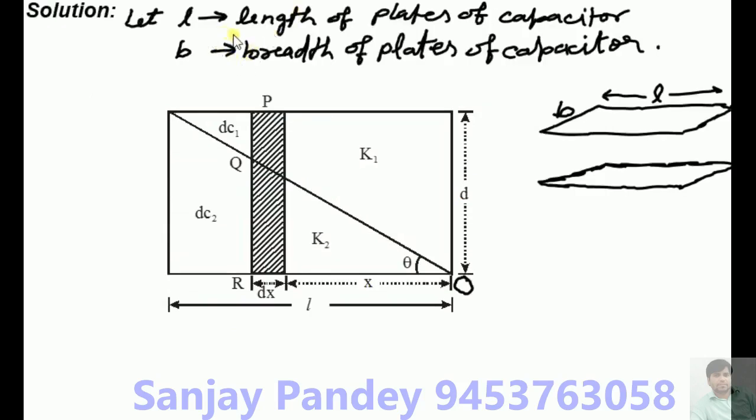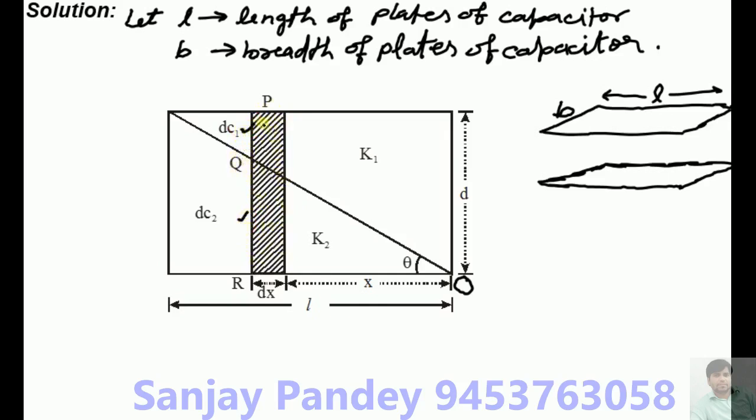Let L be the length of the plates of the capacitor and B its breadth. Now consider a strip of thickness dx at distance x from end O. This strip can be considered as a series combination of two capacitors having capacitances dC1 and dC2.